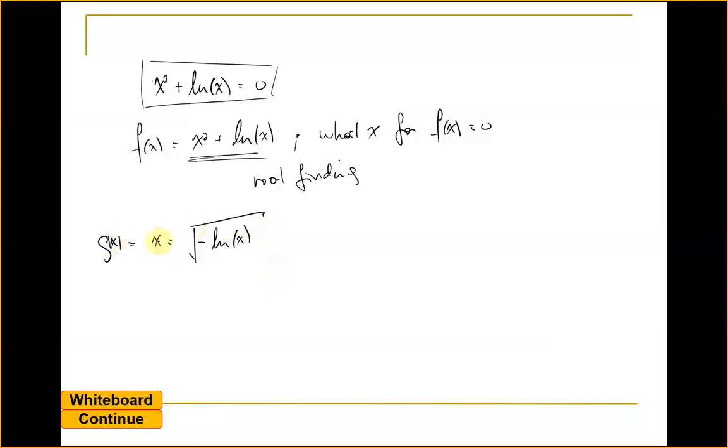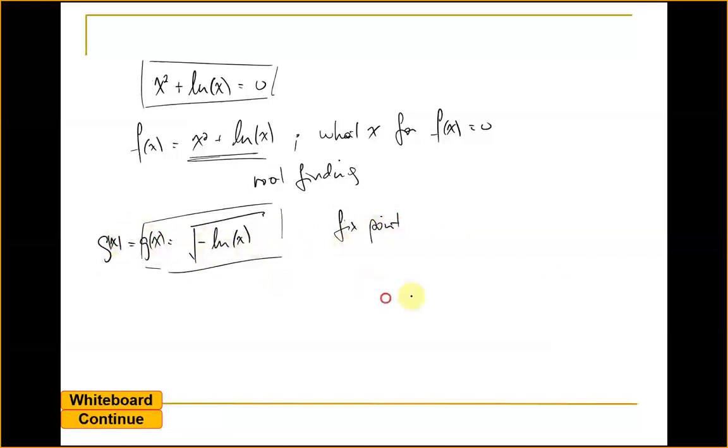And if to solve for this using this as the function of interest, g of x being that, we want to find when g of x is equal back to x, we call this fixed point.